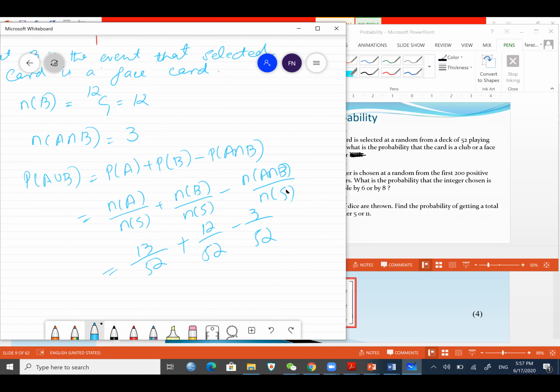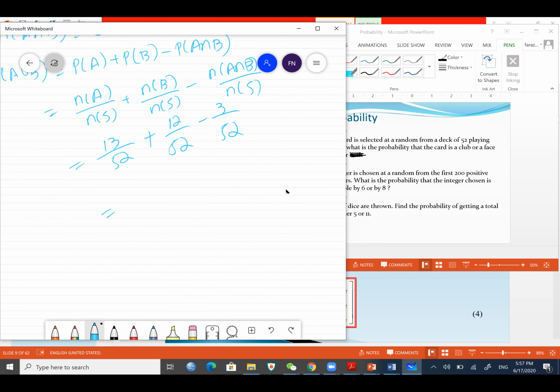Is that clear? Which is 13 plus 12 minus 3, which is 22 over 52. That is the probability of A union B. Is that clear to everybody?